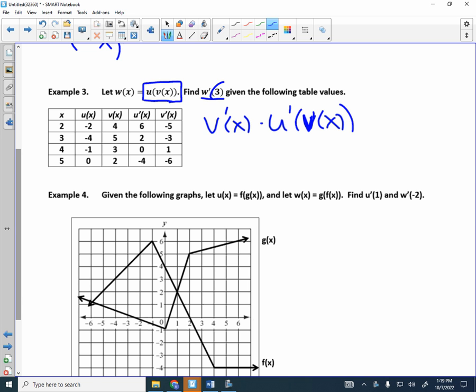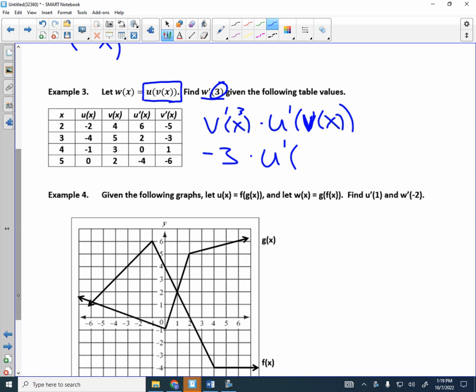Okay, so I'm looking at 3, so I'm going to plug in 3, okay? What is v prime of 3? V prime of 3 is negative 3, right there. Times u prime of, what is v of 3?